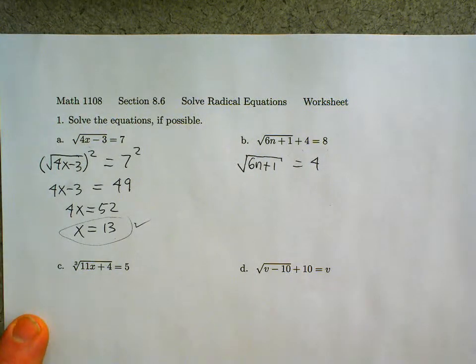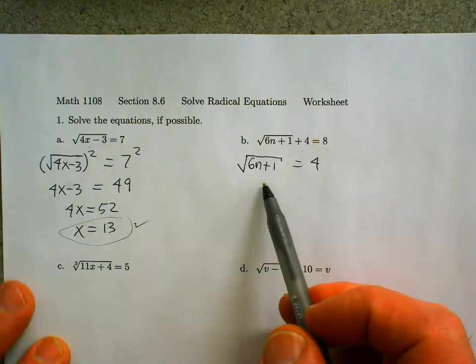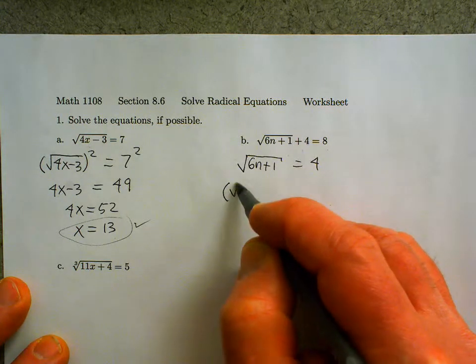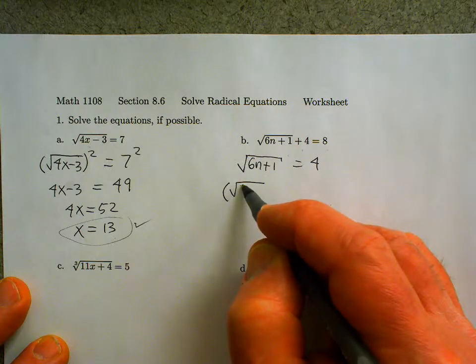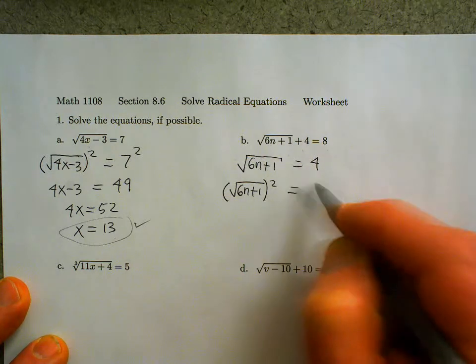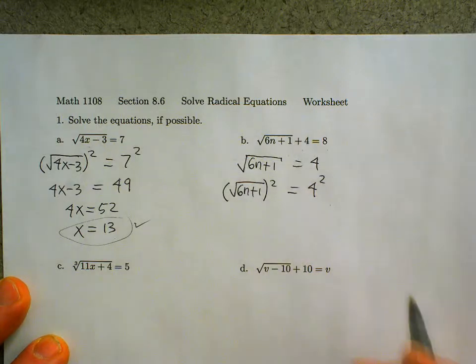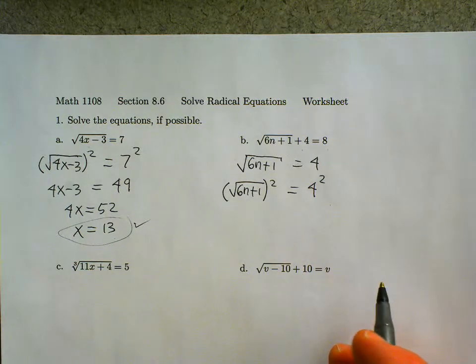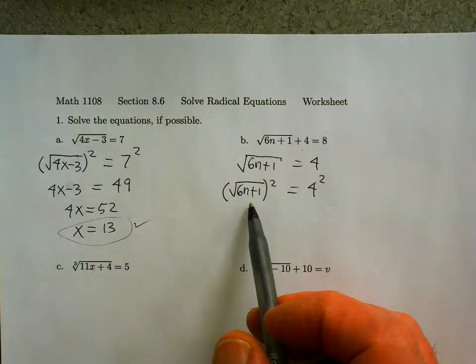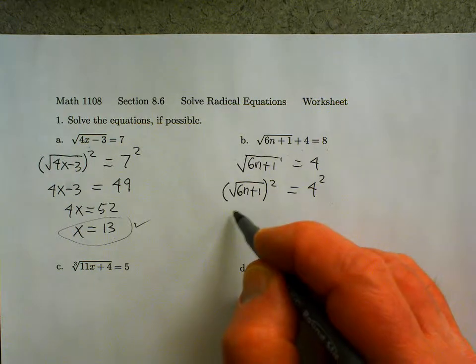And now we can square both sides. To eliminate the square root, we square both sides. So the square root of 6n plus 1 squared equals 4 squared. And then on the left-hand side, when we square the square root of 6n plus 1, we get 6n plus 1.